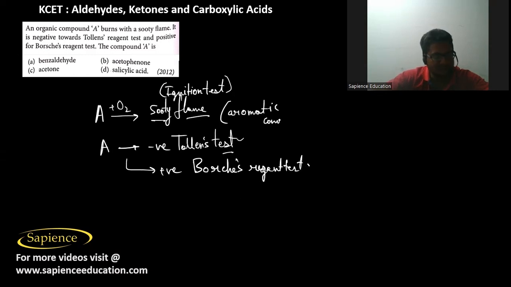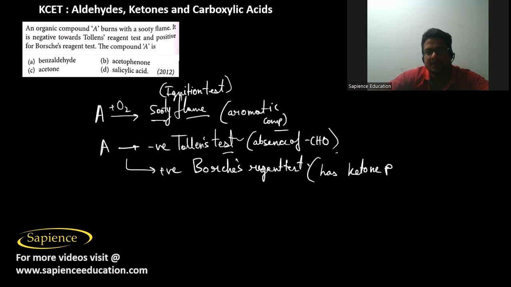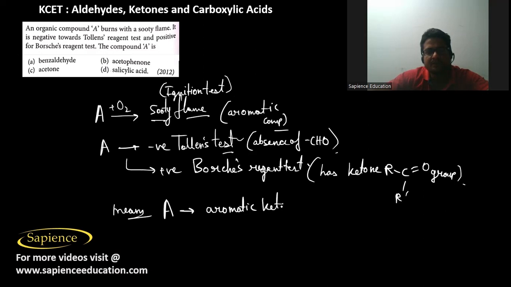It gives a negative Tollens test, which means it has no aldehyde CHO group, and it gives a positive Borsche reagent test, which means it has the ketone group, RCOR dash. So the compound A is an aromatic ketone.